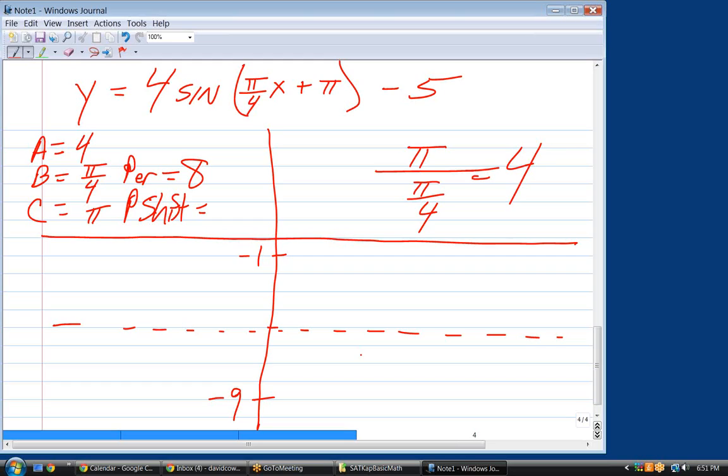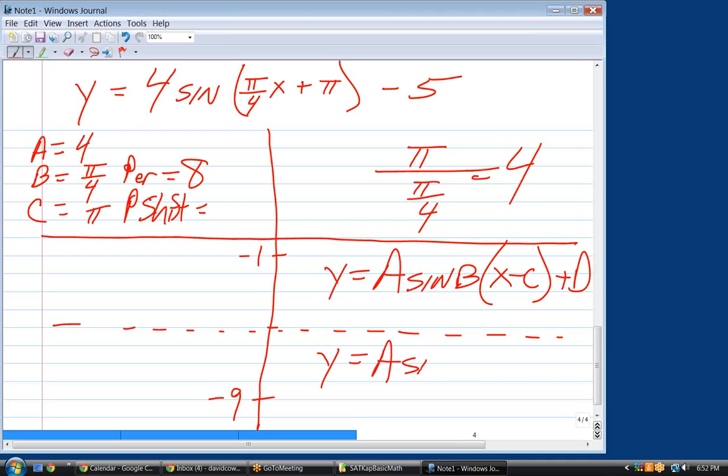The format that I'm used to is y equals A sine B outside the parentheses, x minus C plus D. That's the formula most schools use. Some use this one: y equals A sine, they put the B inside the parentheses, they make it plus C plus D. That changes everything.